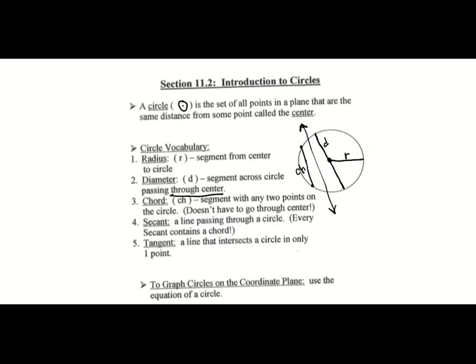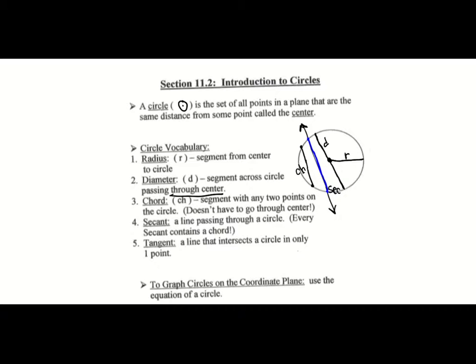And inside the secant, which I will label SEC for secant, we have a chord right here. From this point to this point is a chord. But the whole line is called a secant.